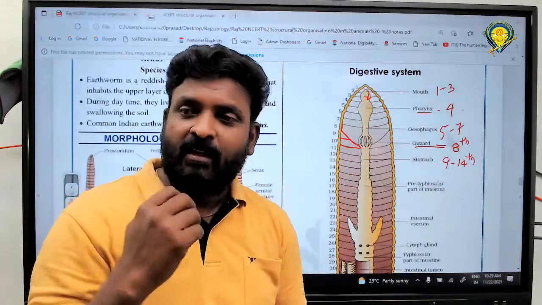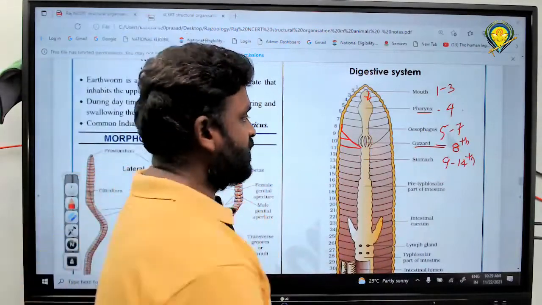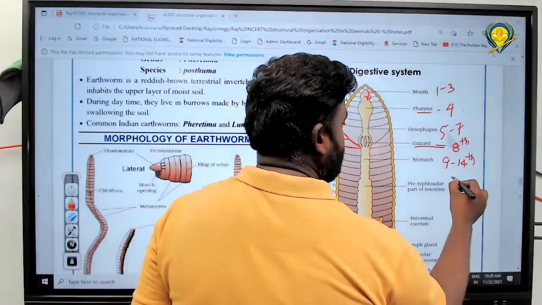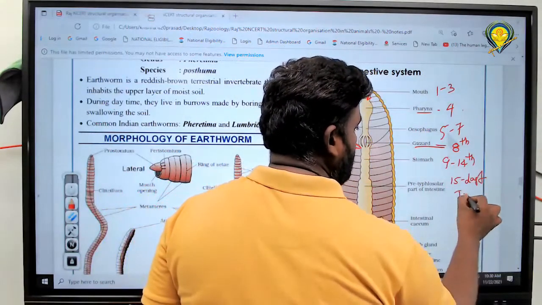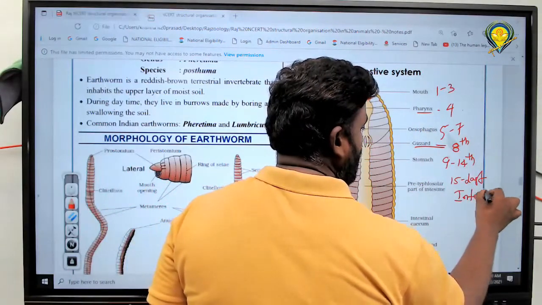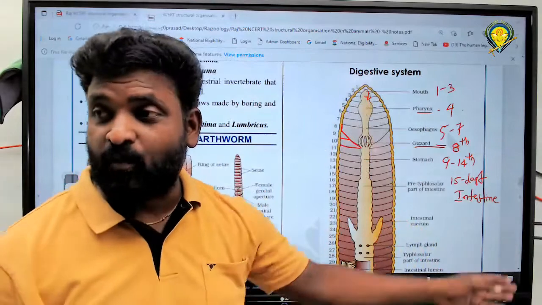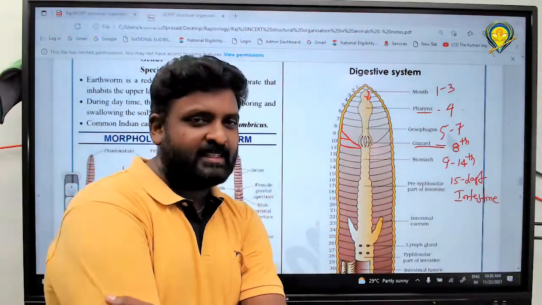So after grinding, the food enters where? The stomach, the reservoir of food. Next, from the 15th to the last segment of the body, what is it? Intestine. Location? 15th to last segment. Very good.